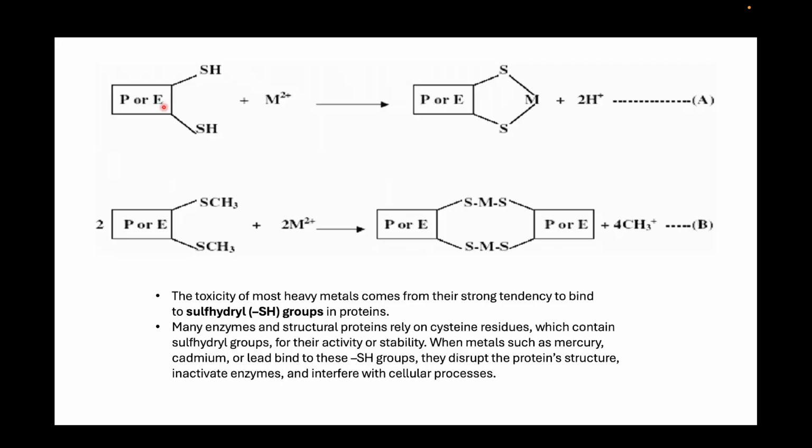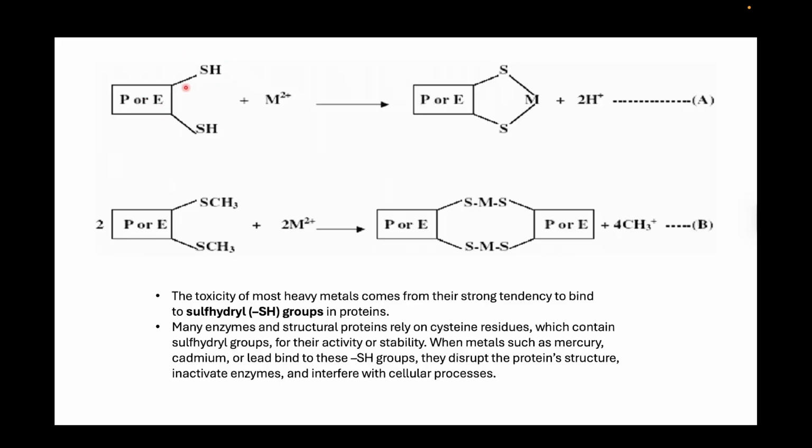Methionine and cysteine are the two amino acids which have sulfur groups. But most frequently, cysteine is found in the active sites and also is important for formation of disulfide bonds which bridge protein structures and domains together.